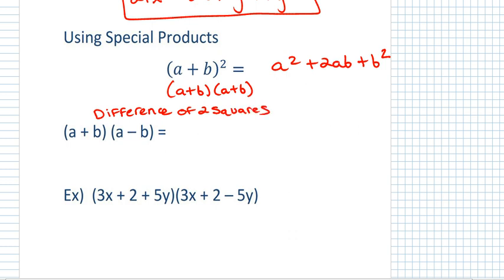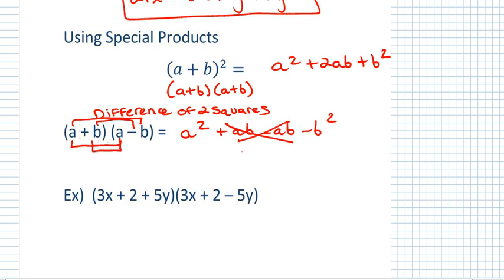This one here, because when you FOIL it, a times a is a squared, then you have plus ab, then you have minus ab, and then you have minus b squared. Notice the ab's cancel out. So it's basically a squared minus b squared.